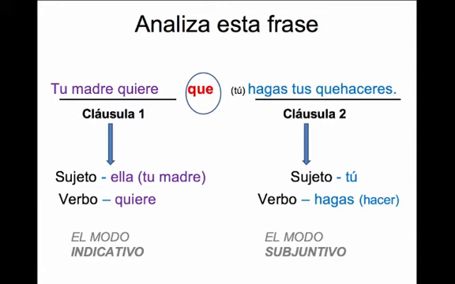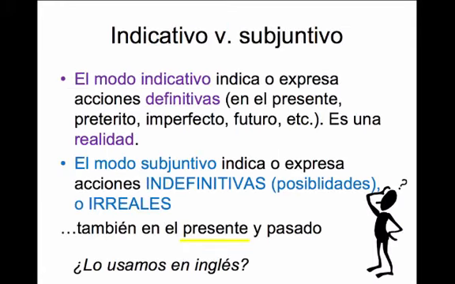And so what does that mean, a different mood? So el indicativo versus subjuntivo. El indicativo indicates actions that are definitive, they're reality. They have occurred or they will occur. But the subjunctive indicates or expresses actions that are indefinite.